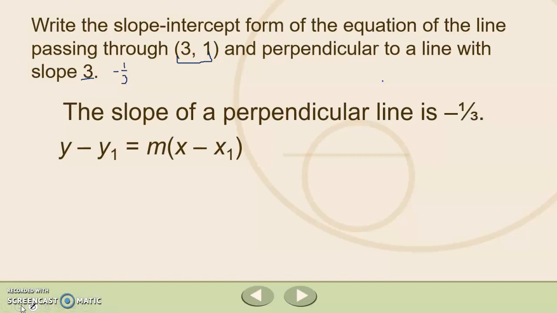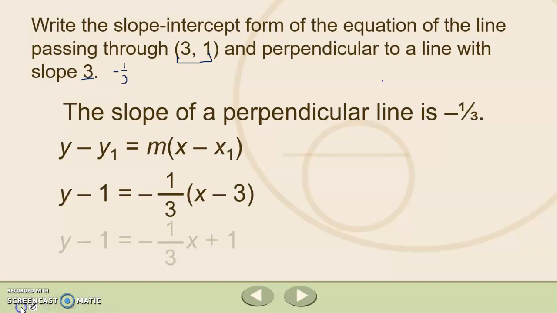So let me write y minus y1 equals m times (x minus x1). y minus 1 equals our slope times (x minus 3). And we said our slope was negative 1/3. We're going to get rid of the fractions here after we distribute. Maybe we're not. I think we'll just leave them there. When we simplify that, we get y equals negative 1/3 x plus 2. And that equation is now in slope-intercept form.